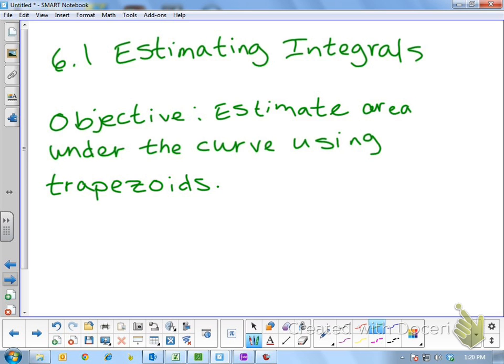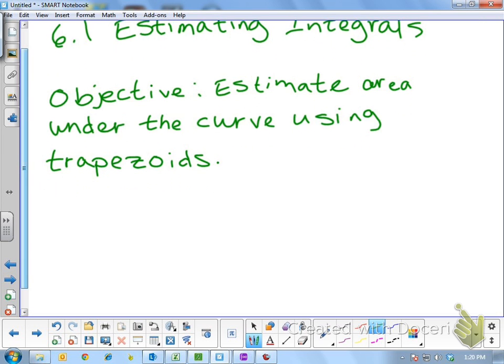So we do have to remember, how do we find the area of a trapezoid? Anyone remember the formula for area of a trapezoid? We have to think all the way back to geometry.